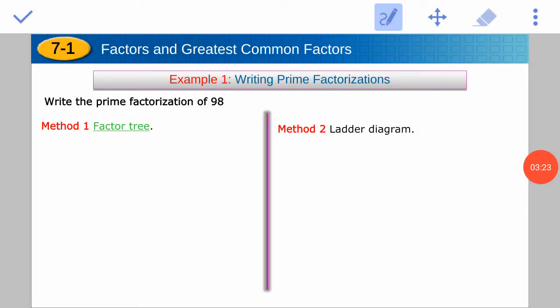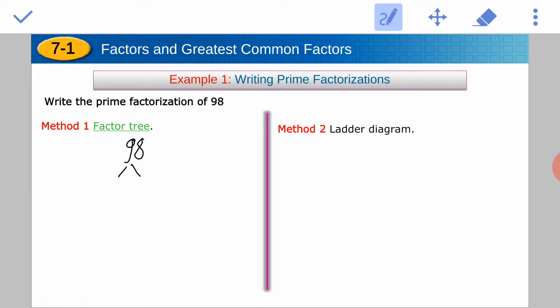In example number 1, you need to learn how to write the prime factorization of a number. How to write this number as a product of prime factors only. The first method to do prime factorization is to start with the number on the top, like that, 98. And you think about 2 factors.